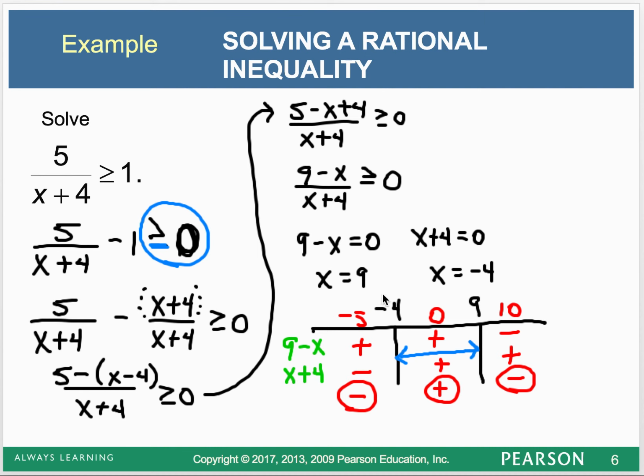So I do not want to include the negative 4. It will get a parenthesis because if you tried to plug negative 4 into this equation, it's not going to work. So negative 4 all the way to 9, and include 9 in your answer because it's okay for the numerator to be 0. It just means the entire fraction is 0.